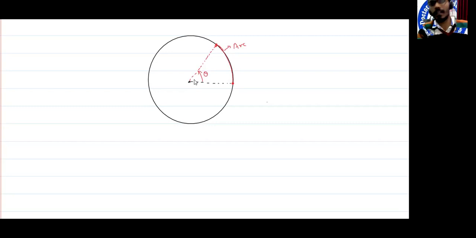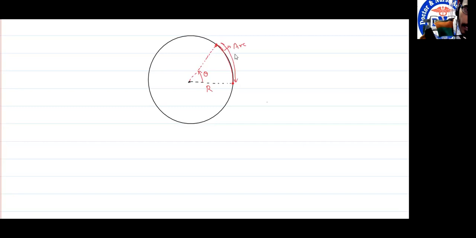Okay, any problem? Hello? No, sir. So if we move from this point to this point, this is called an arc, and this arc subtends some angle theta. Now suppose the radius of the circle is r, and L is the length of this arc.